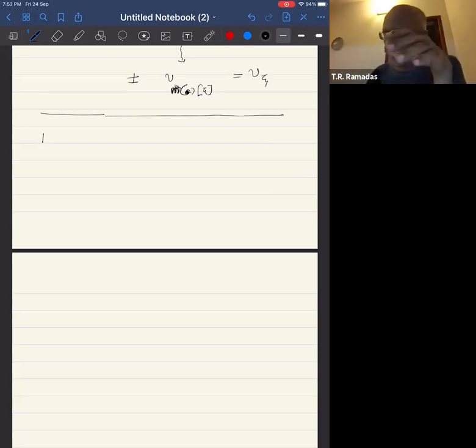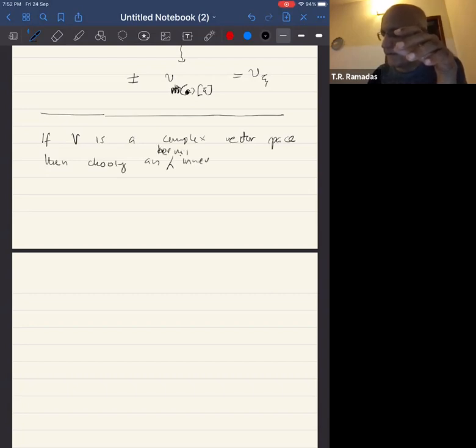So the point is that if V is a complex vector space, then choosing an inner product, a complex inner product, a Hermitian inner product, on V gives you the following.